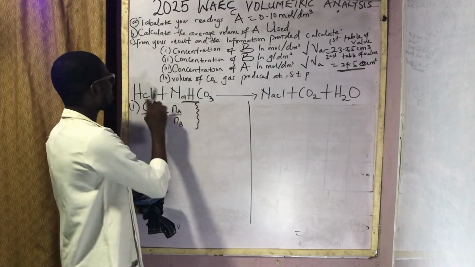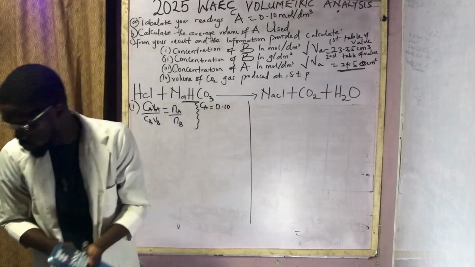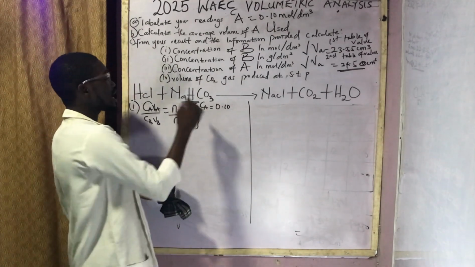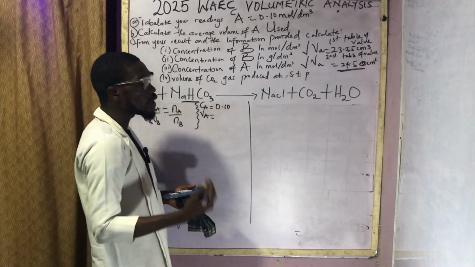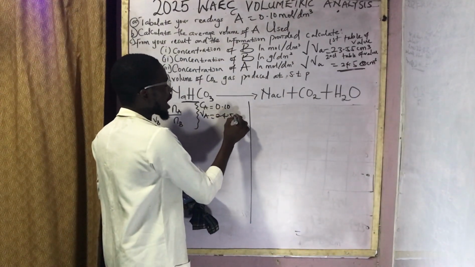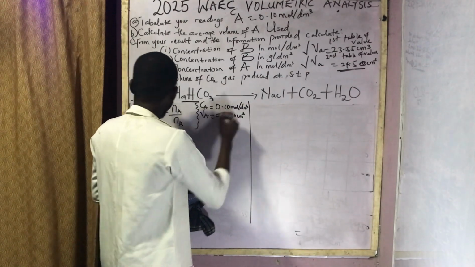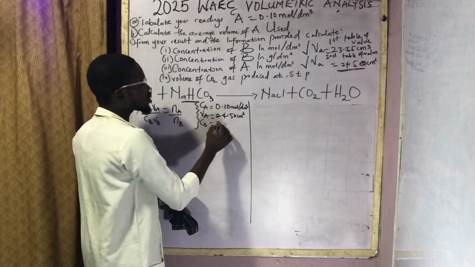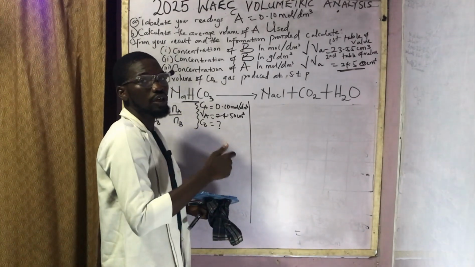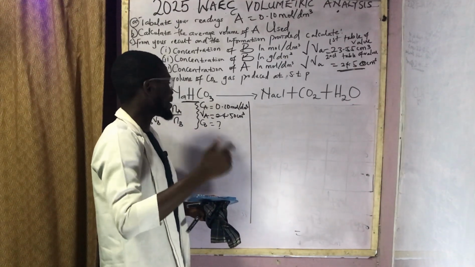Our Ca is given to be 0.10 according to the manual, and Va, the volume of acid used from that table of value, is 24.50 cm cube. Our Cb is what we are calculating for, because we don't know the concentration of the base used, the concentration of B in mole per dm cube.